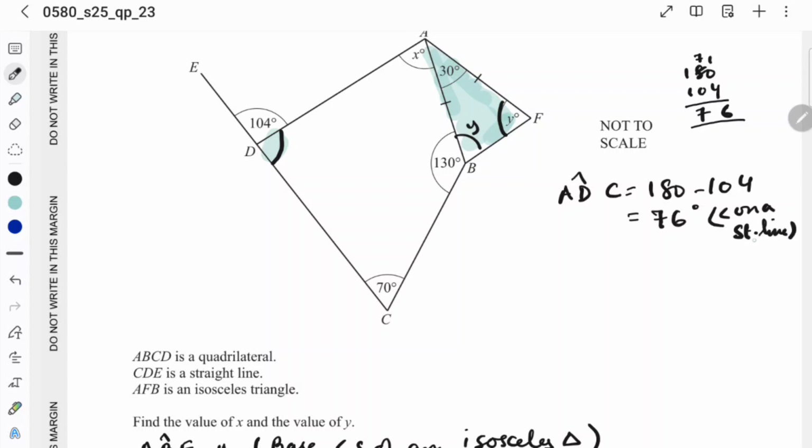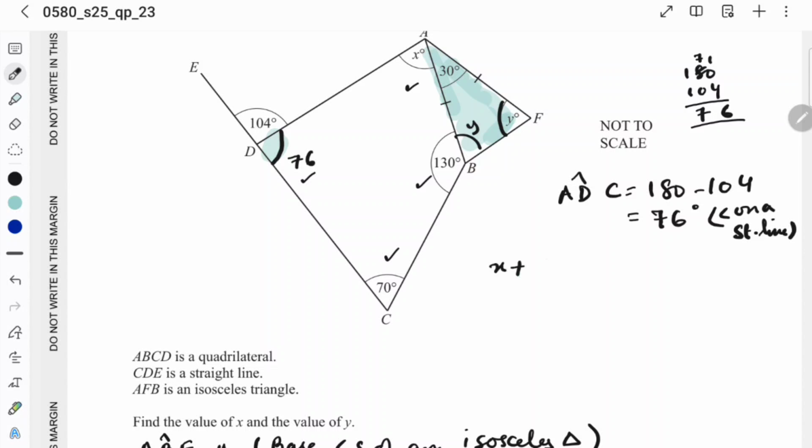Then we know that if it is 76 degrees, then x plus 130 plus 70 plus 76 makes 360 degrees, because previously for y we had a triangle, so we wrote 180 degrees. This is a quadrilateral, and the sum of the angles inside a quadrilateral is 360 degrees.